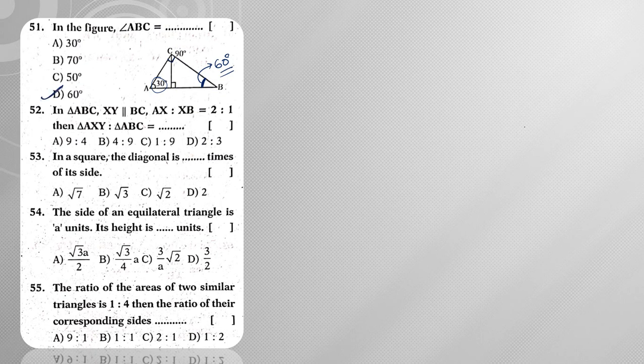Next, in triangle ABC, XY is parallel to BC, AX is to XB is equal to 2 is to 1, then find the area of triangle AXY to triangle ABC. For this, consider the triangle ABC. He has given that XY is parallel to BC.